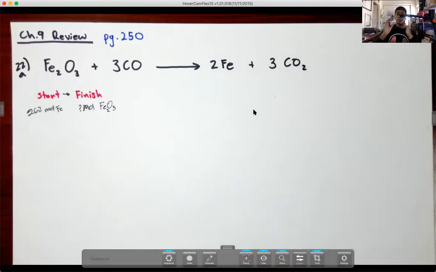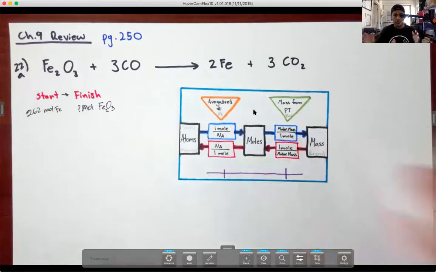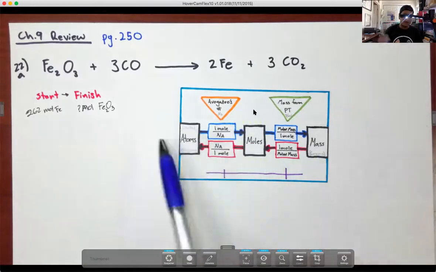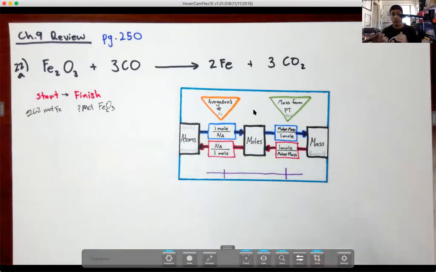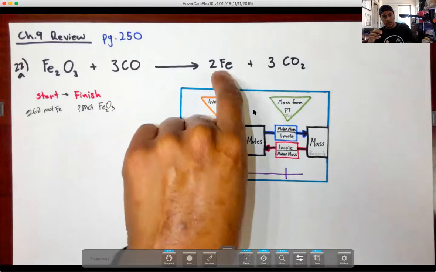Now, if you remember, when we were dealing with conversions, we would use this a lot. We would use this little template to go back and forth from atoms to moles to mass to moles to atoms, depending on whatever it was. But that was when we were just dealing with one type of atom, one molecule. Now we're dealing with multiple molecules. We're trying to figure out how much of this I need when I'm producing this.